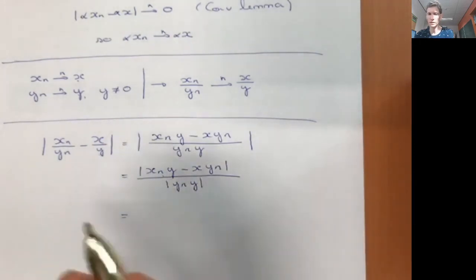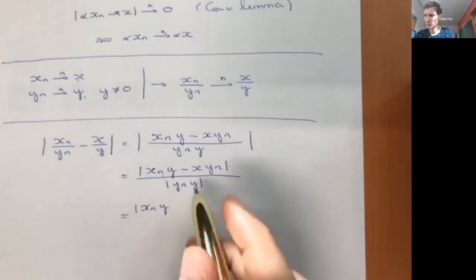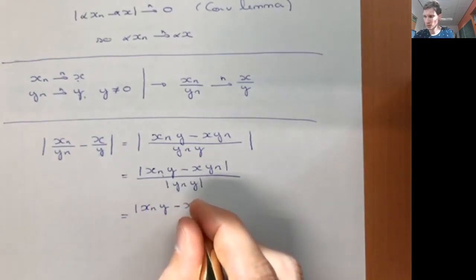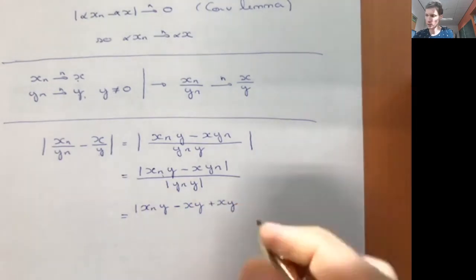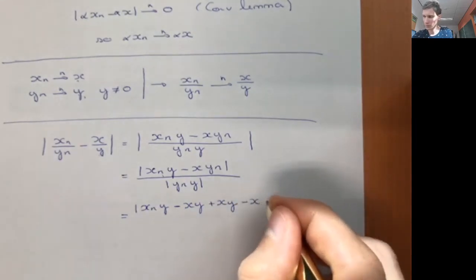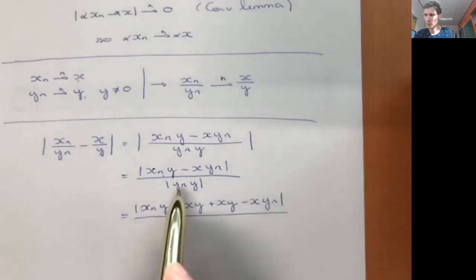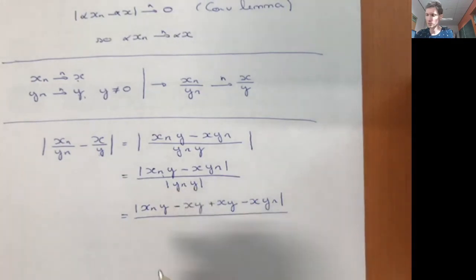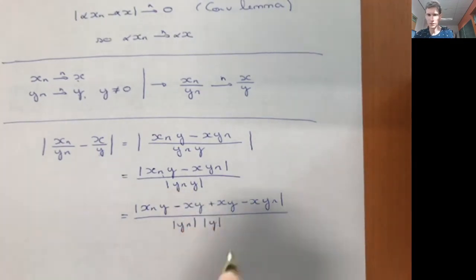We add and subtract the same term: we subtract the term xy and add the term xy, and then we are left with minus x yn. In the denominator we have the absolute value of a product, which is the product of the absolute values, so yn times the absolute value of y.